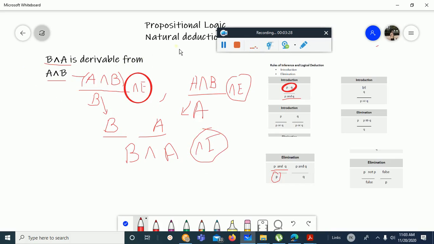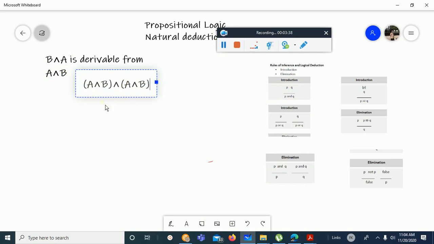So here this is natural deduction. We have deduced B and A from A and B using these rules. Okay, another example. How can we deduce this statement? Here we have to assume A is a statement, and assume B as a statement.